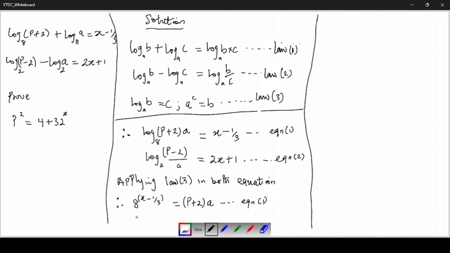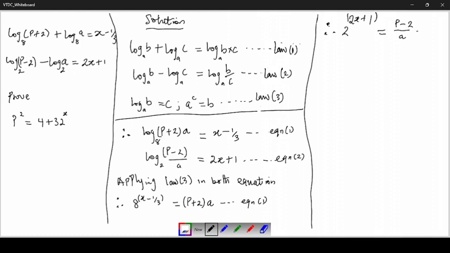Alright, for equation 2, we have 2 raised to the power of, sorry, my writing isn't in place, that would be 2x plus 1, all in the bracket, is equal to b minus 2 over a.